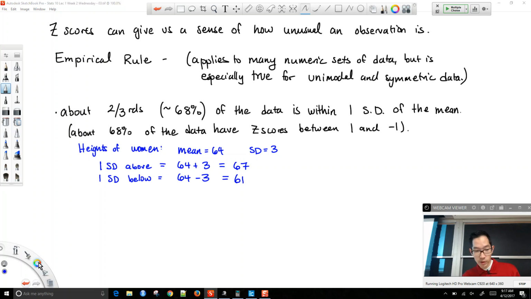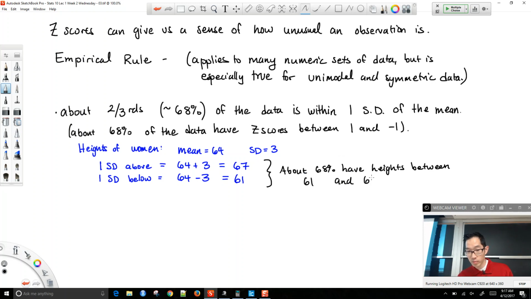And so according to the empirical rule, we would say something like about 2/3 of women, about 68% of women have heights between 61 and 67 inches.